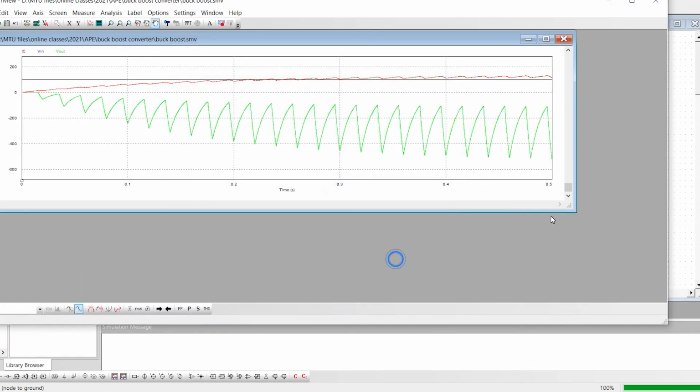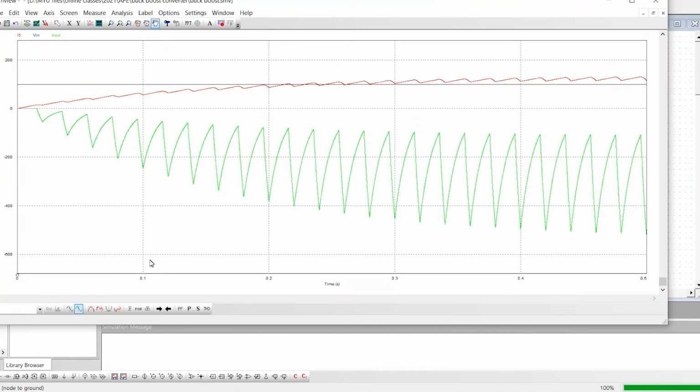Like I explained earlier, this part is for the first instant, that is during the charging of the inductor. During the charging of the inductor, this green is the output voltage, this blue is the input current, which won't change.